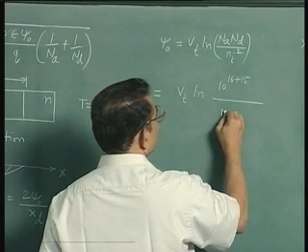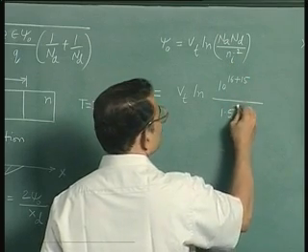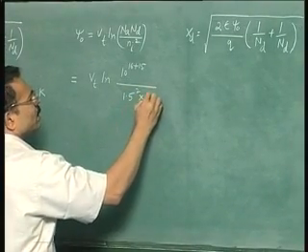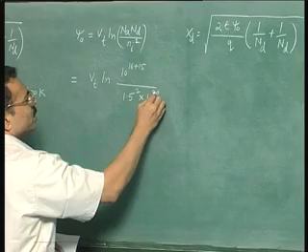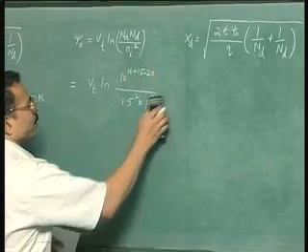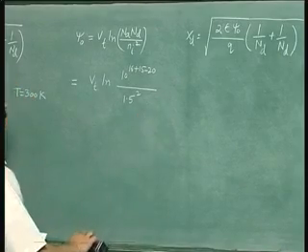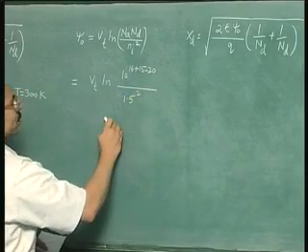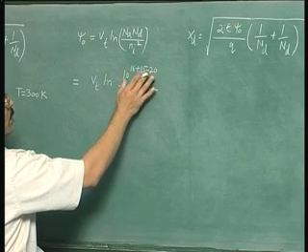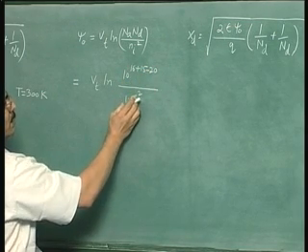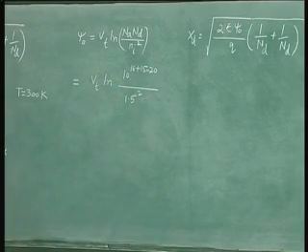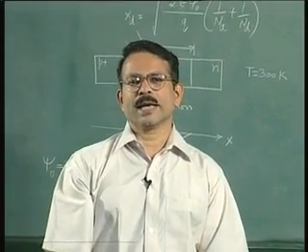Ni is 1.5 into 10 power 10 for silicon. So in the denominator you get 1.5 square into 10 power 20. We will shift this power up here so that calculation becomes easy. So it is useful to keep all the powers of 10 together and all the numbers separately. This avoids mistakes in calculation.